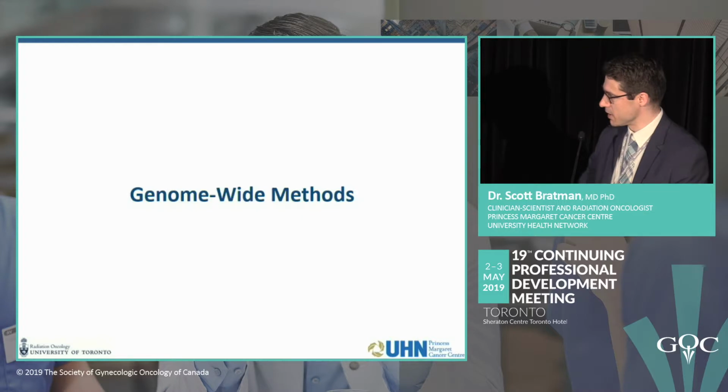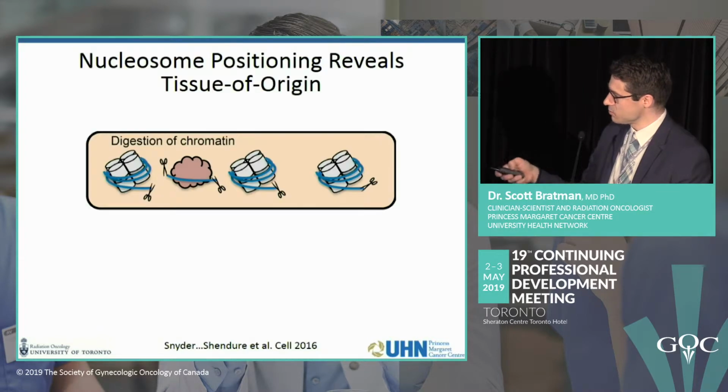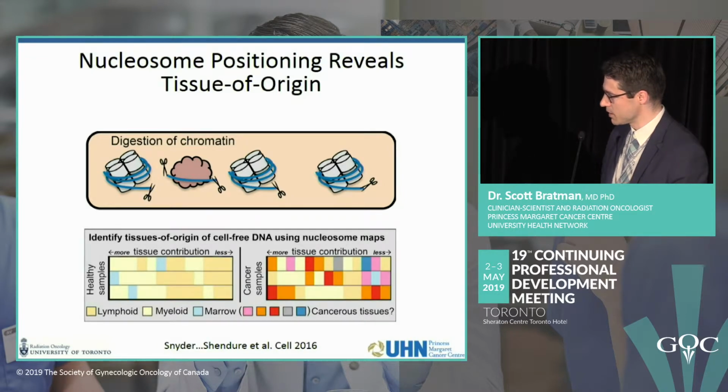Now, how about genome-wide methods? Genome-wide sequencing can take advantage of the fact that these circulating nucleosomes, as I mentioned, could actually indicate where histones are residing on DNA. So if you just sequence all of the cell-free DNA, the way this group did a couple of years ago, there's the potential to compare this with published tissue maps of DNA and histone occupancy to deconvolve different tissues of origin.